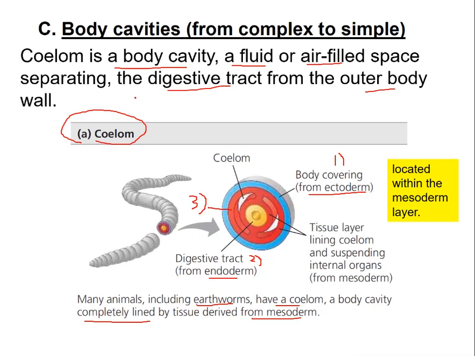So a coelom is a body cavity that is located within the mesoderm layer. You can see that the coelom is the cavity that is still located within. Why within? Because you can see that it is still confined within the red color tissue, which is the mesoderm layer, right? So a coelom is filled with air or filled with fluid.